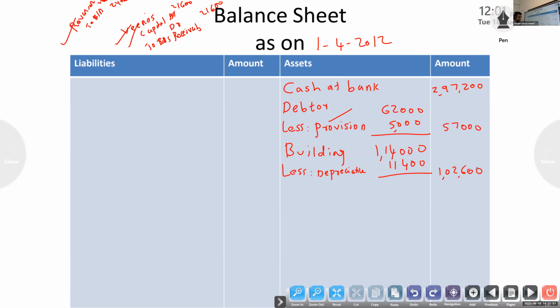Next one, machinery, 48,000. Any change? Add or less?